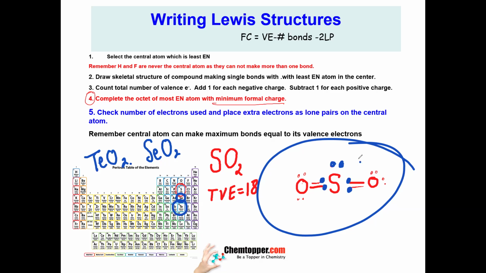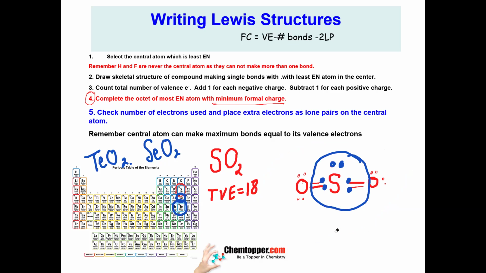Aishwarya, how many electrons are there around sulfur right now? How many electrons around sulfur? No. Come on, dear. It's 10. You are counting the valence electrons. Now, when I'm counting the total number of electrons around sulfur in the molecule, I'll count this as a pair.